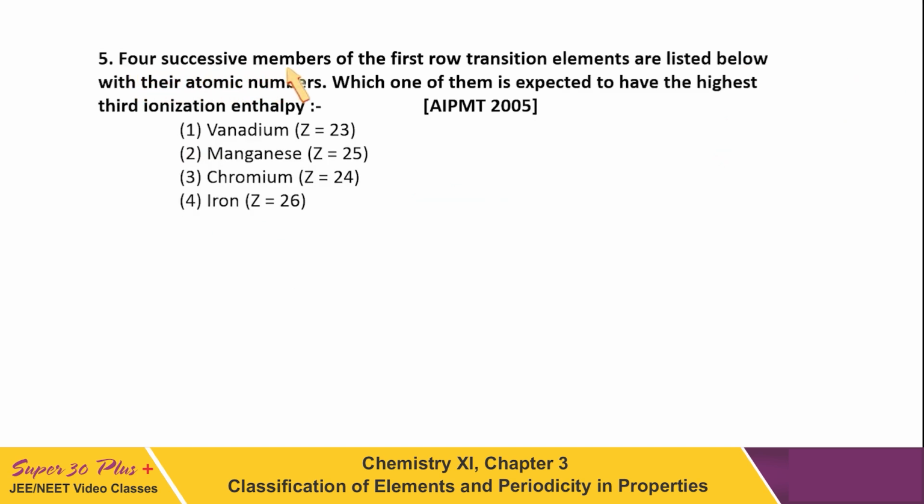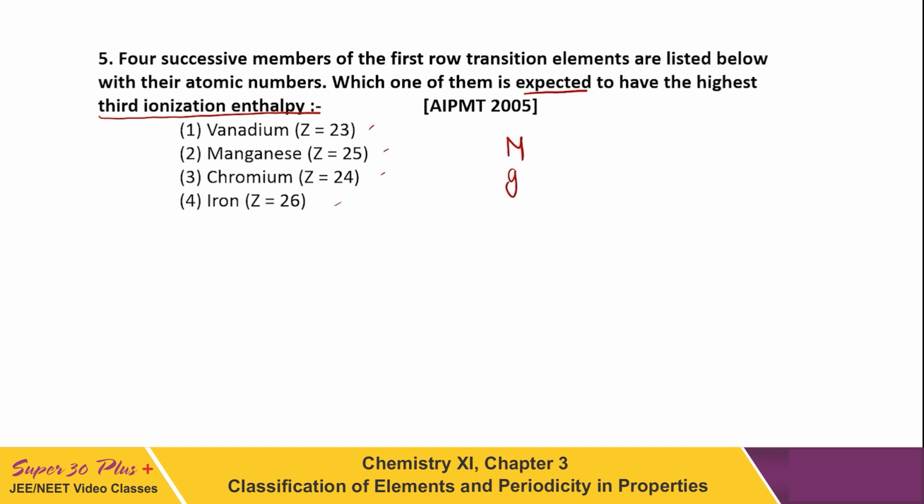Four successive members of the first transition series are listed below with their atomic numbers in these options. Which one of them is expected to have the highest 3rd ionization enthalpy? First, do you remember what the 3rd ionization enthalpy is?